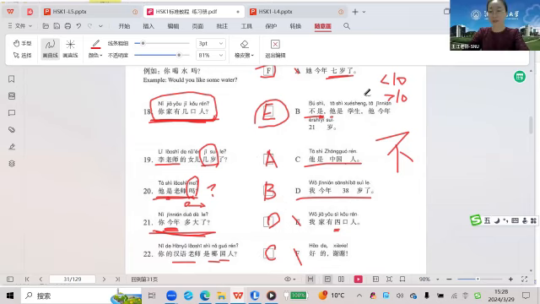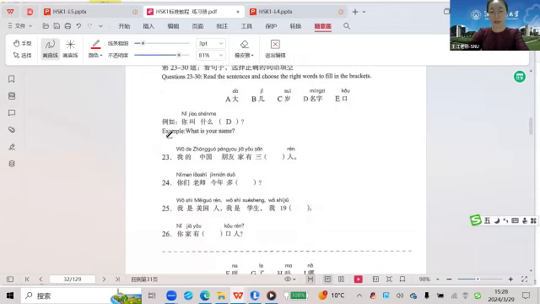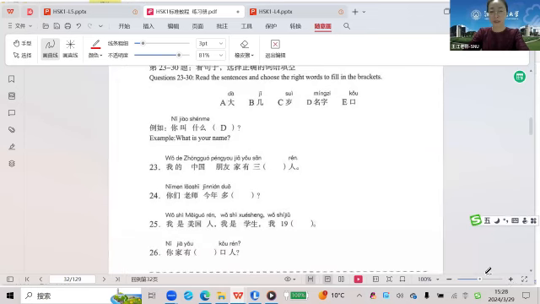Okay, so good. Let's do part 3. There are only 2 minutes left. Look at these new words: A 大, B 几, C 岁, D 名字, E 口. For example, 你叫什么名字 is D. Okay, number 23.